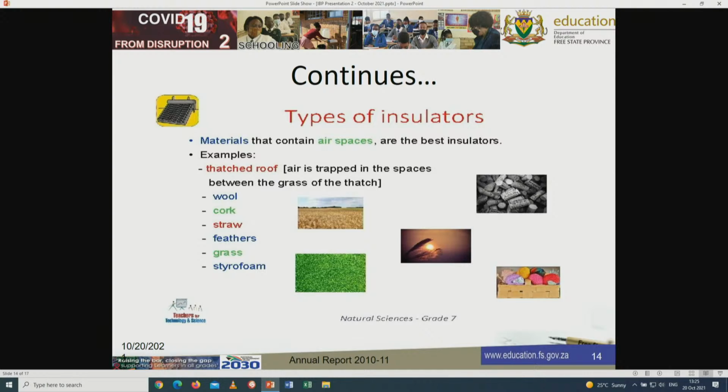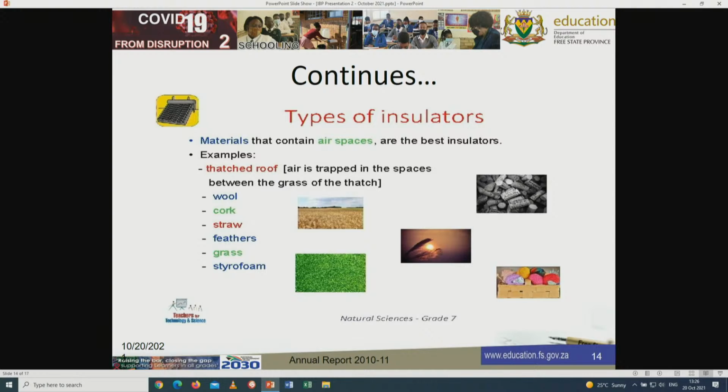Wool. Some clothes that we are wearing are made out of wool. Good insulators. Cork. Good insulators. Feathers. Good insulators.